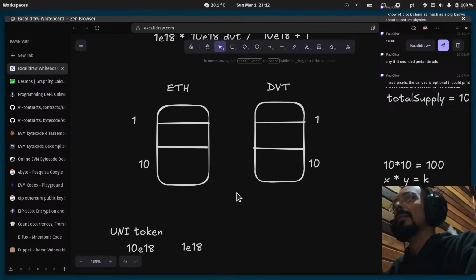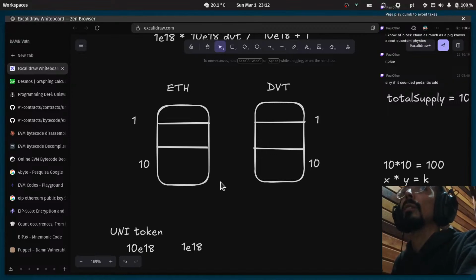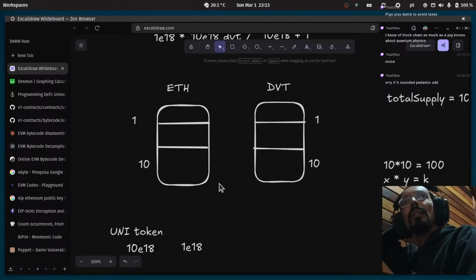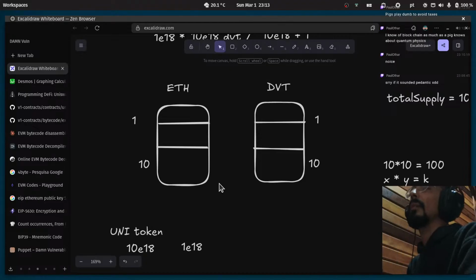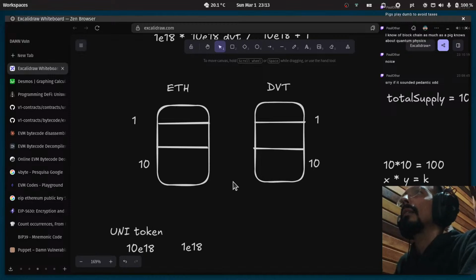So yeah, blockchain is a complex matter, and here we are in security about blockchain, so it's a little more complex, but it's also fun. Pigs play dumb to avoid taxes. Yeah, for sure. I was studying about pigs today to do some farming, and it's often they play dumb. It's too easy, right? Let the human pay the taxes.